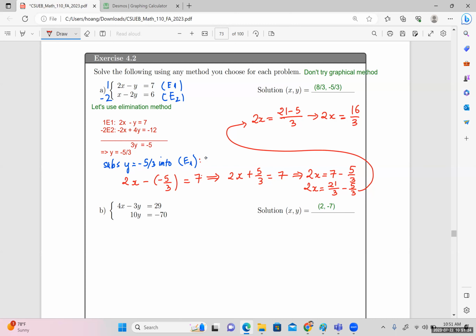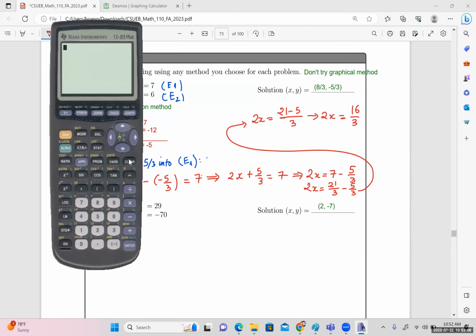Okay. Someone says, oh, this is too hard for you. How can you handle that, right? Okay, let me teach you how to use calculators, okay? So let's start from here, right? I have 7 minus 5/3, right?